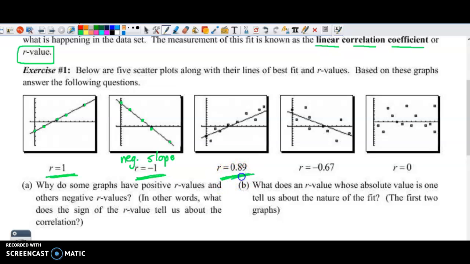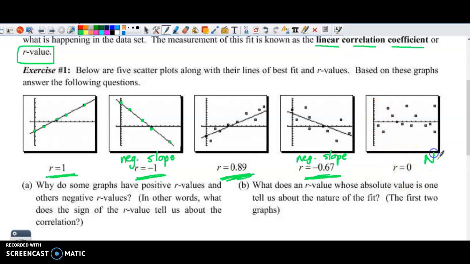Again, the R value is not equal to the slope. But having a negative slope for the line of best fit is indicated by the negative R value. So a negative slope is an indicator that you'll have a negative R value.